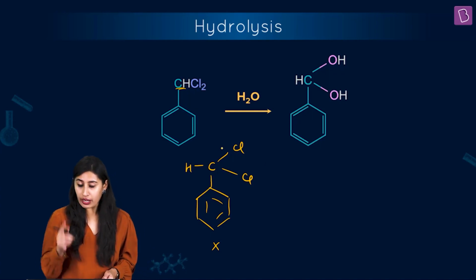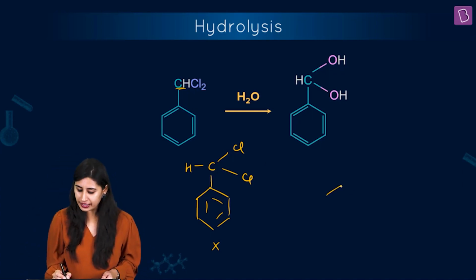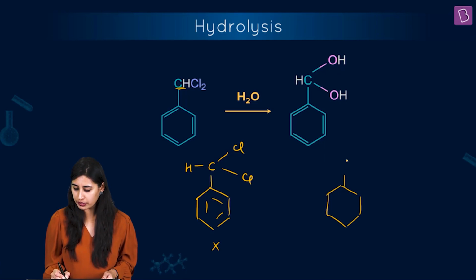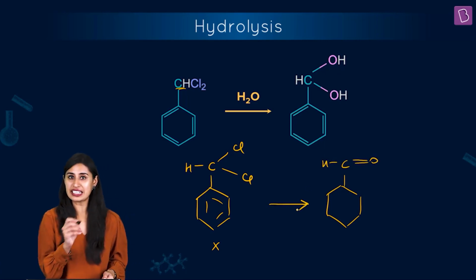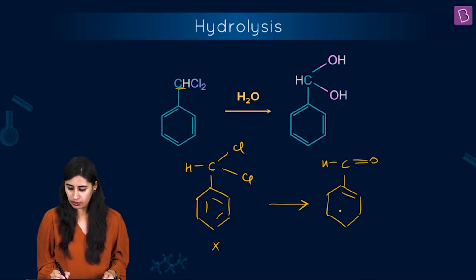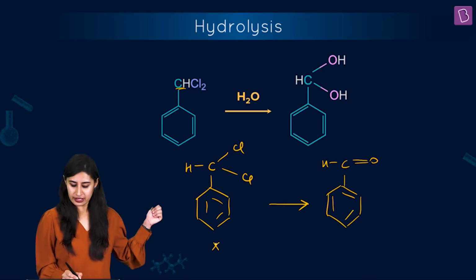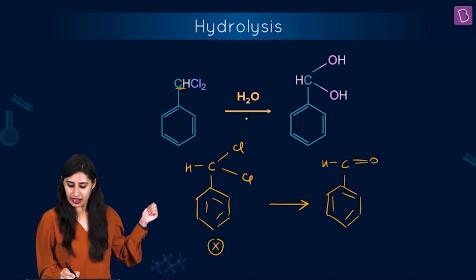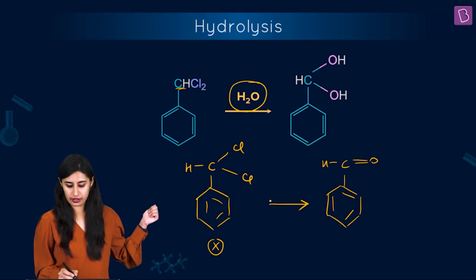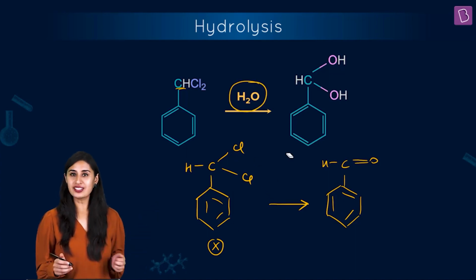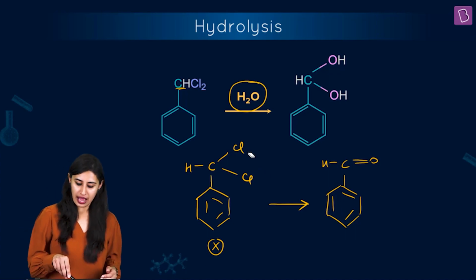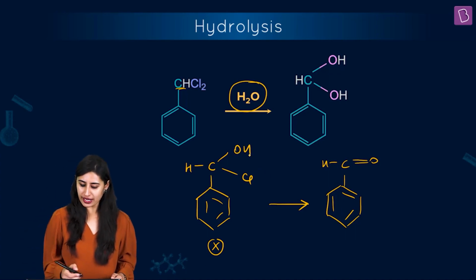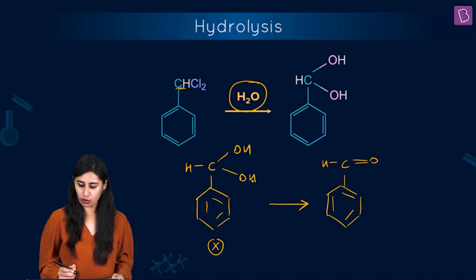And now if the examiner is telling us that the product formed is CHO, okay, it has given us a great deal of help. How? Because you can see that we are adding water here, okay, and we know that the substitution can happen at the place of chlorine. OH can sit at the place of chlorine.